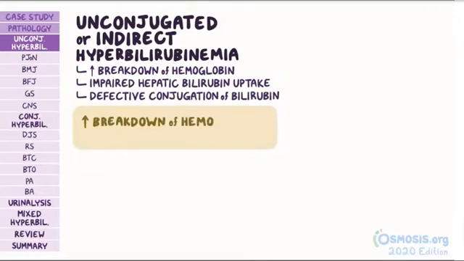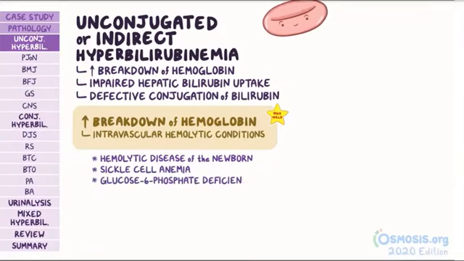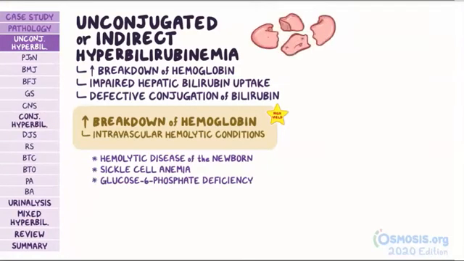Increased breakdown of hemoglobin is commonly seen in intravascular hemolytic conditions such as hemolytic disease of the newborn, sickle cell anemia, and glucose 6-phosphate dehydrogenase deficiency. Increased destruction of red blood cells results in increased breakdown of hemoglobin and eventual unconjugated hyperbilirubinemia.